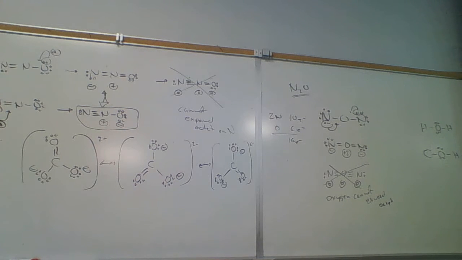Nitrogen is plus, and oxygen is 0. But the problem with this structure is what? There's a problem with this structure. Nitrogen doesn't have an octet.